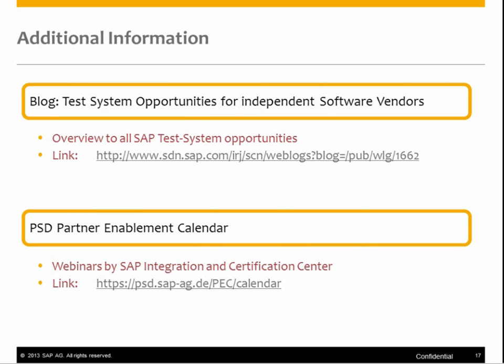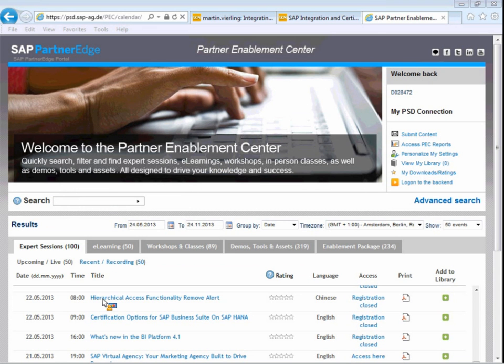I will quickly provide you a demo of that calendar. In that calendar, you have the opportunity to subscribe to a lot of enablement sessions with a lot of useful information.